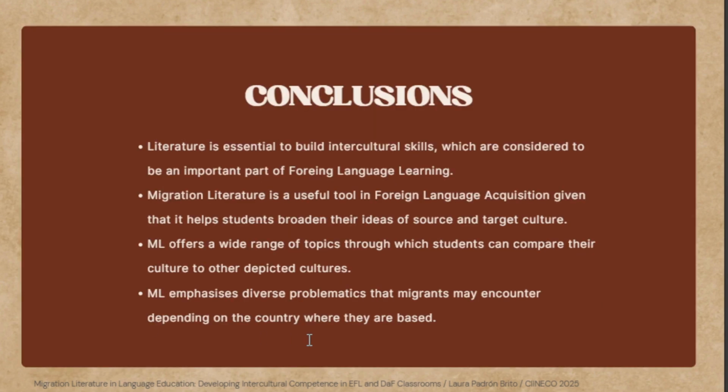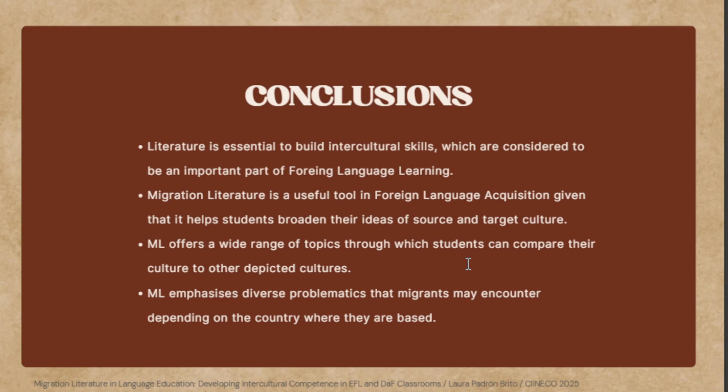To conclude, I would like to state a few conclusions that we have drawn from this literature review. Firstly, that literature is essential to build intercultural skills, which are considered to be an important part of foreign language learning. Secondly, that migration literature is a useful tool in foreign language acquisition, given that it helps students broaden their ideas and conceptions of both the source and the target culture in comparing them.